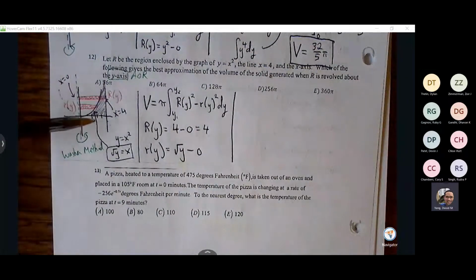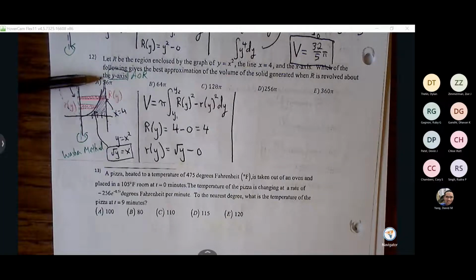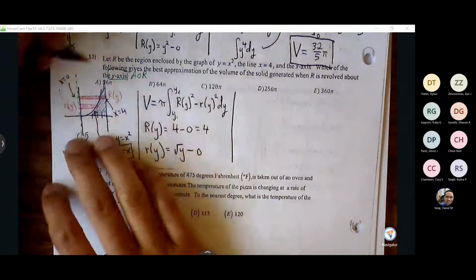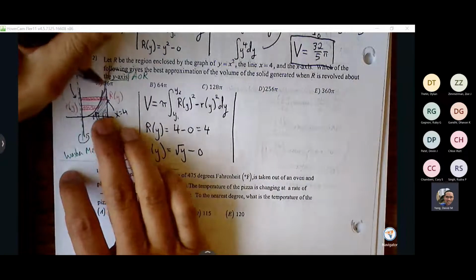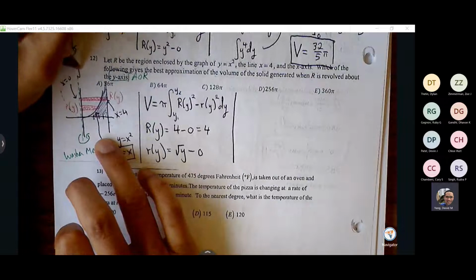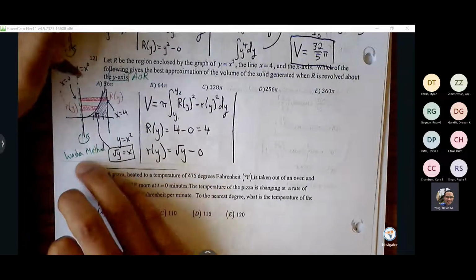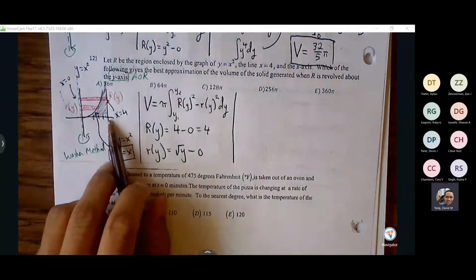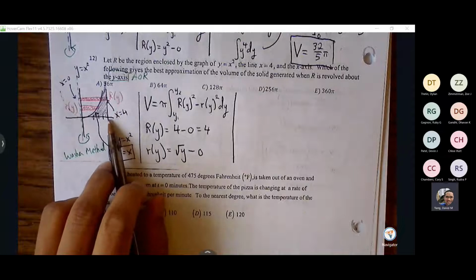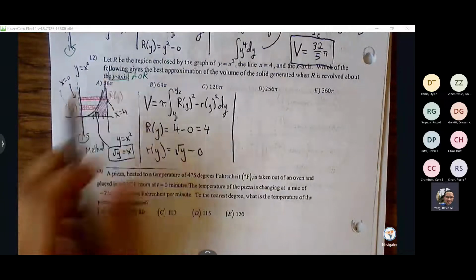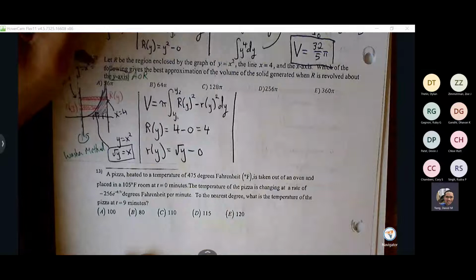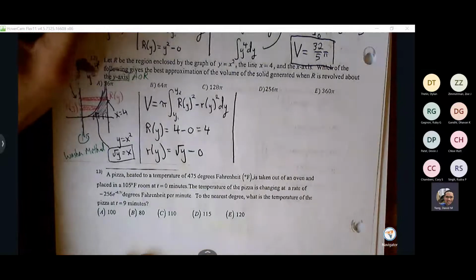And our bounds will extend from 0 to however high that intersection is, right? That intersection is where y equals x squared meets the line x equals 4. So if I simply insert 4 for x, I get y equals 4 squared, which is 16.